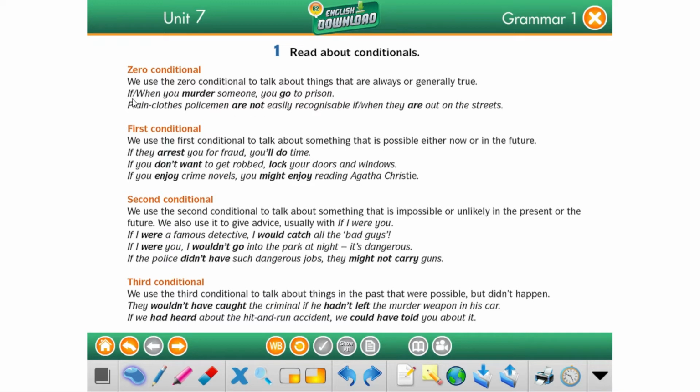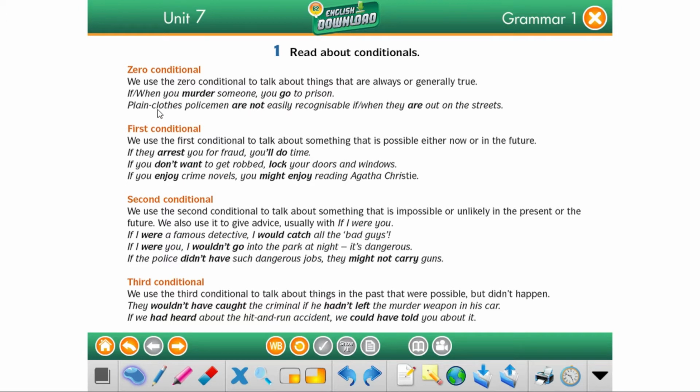Remember that when we start with the if clause, after my if clause we write a comma and then is the main clause. But remember that we can also change positions and we can start with the main clause. I can say you go to prison if or when you murder someone, but when we do this, we take off this comma.